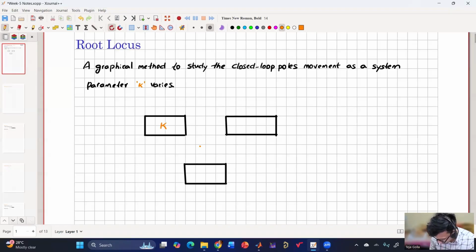Here say I have k, and here G(s) is the plant, and H(s) is the feedback. And then I complete the circuit.